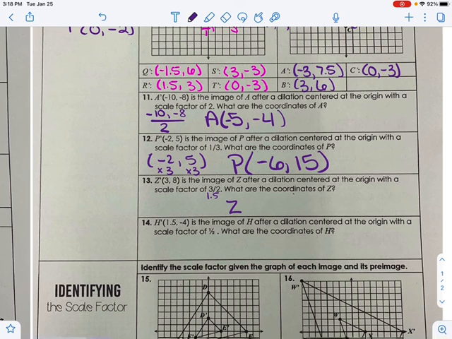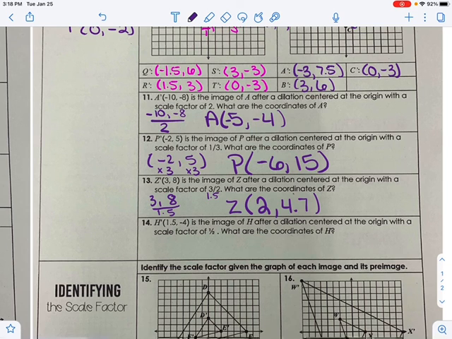Original's going to be smaller because we had a scale factor of 1.5. I apologize for that. So again, I'm going to take 3 and 8, this is just like number 11, and divide by 1.5. That'll get me 3 divided by 1.5, which is 2, and 8 divided by 1.5, and it will get you a decimal, which is 4.6 repeating, so I'm just going to say 4.7. Okay.